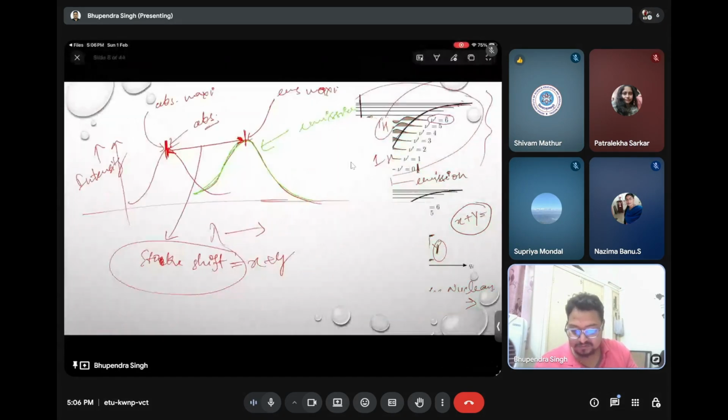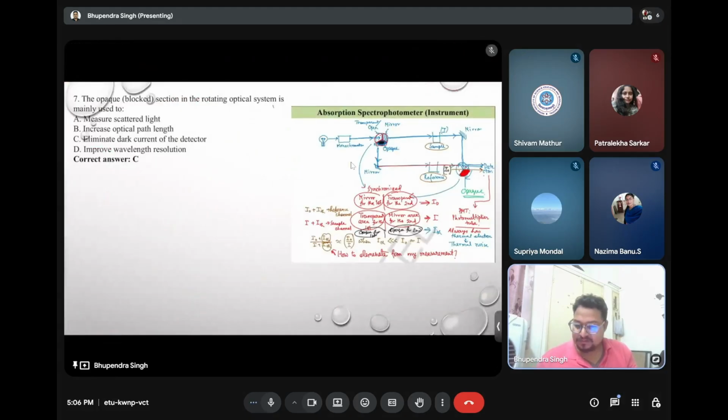Moving to the next question. The opaque blocked section in the rotating optical system is mainly used to... So have you read the first lecture, this NPTEL video lecture? Okay, so you must have seen this absorption spectrophotometer instrumentation.